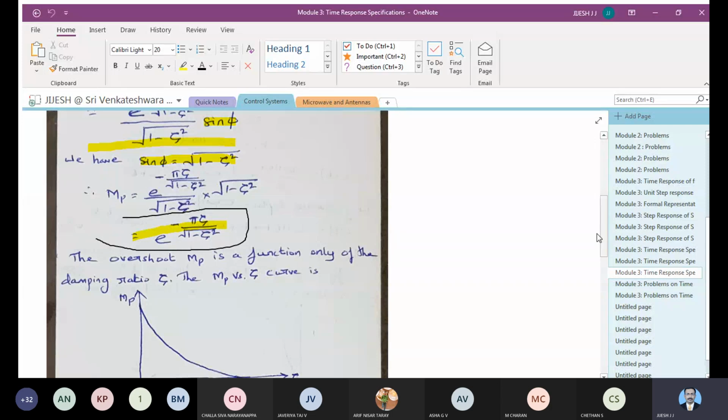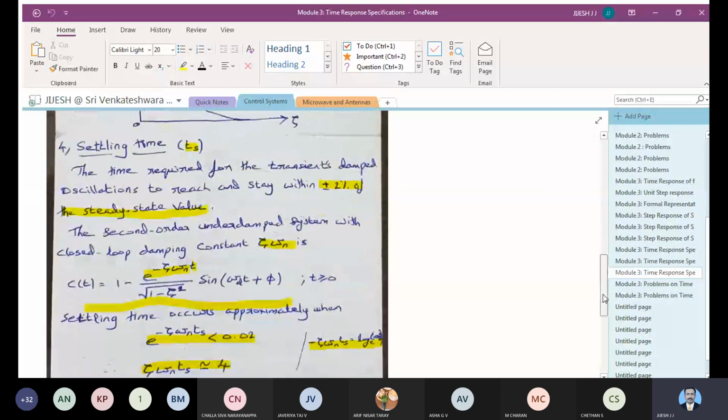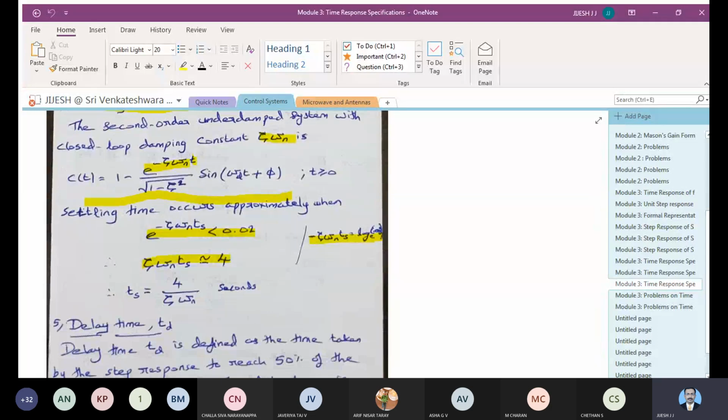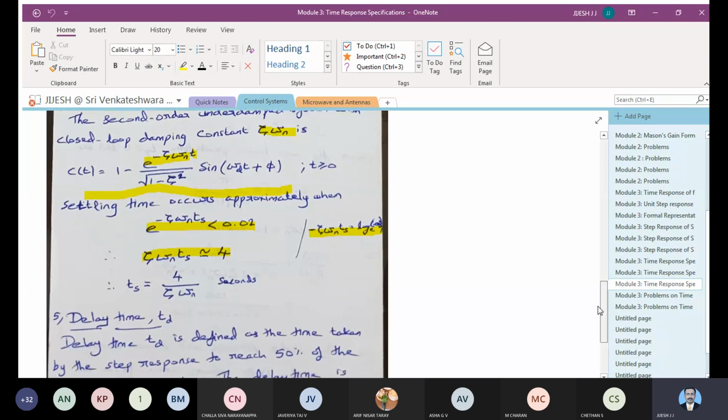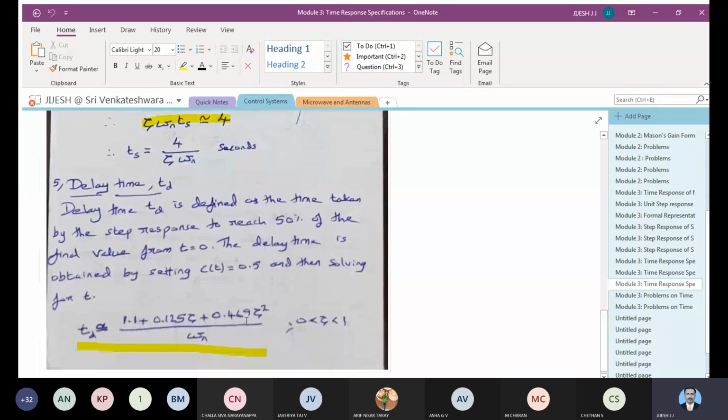Then we have settling time, Ts is equal to 4 divided by zeta omega n, and the final one is delay time Td, which is equal to 1 plus 0.7 zeta by omega n.